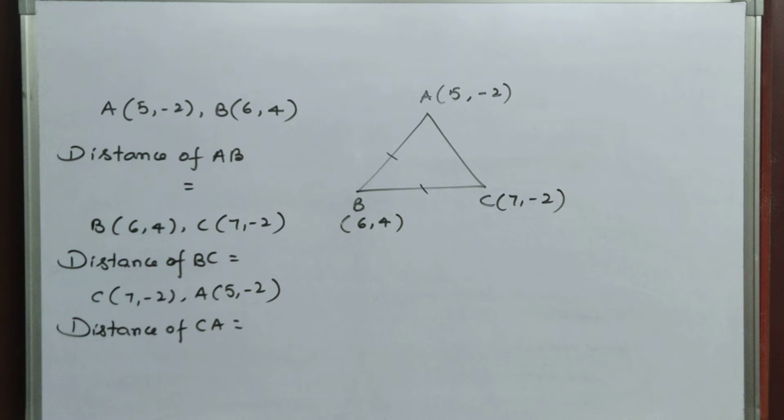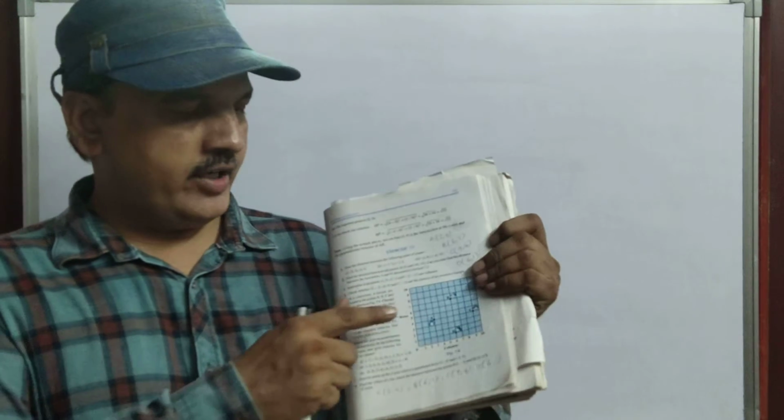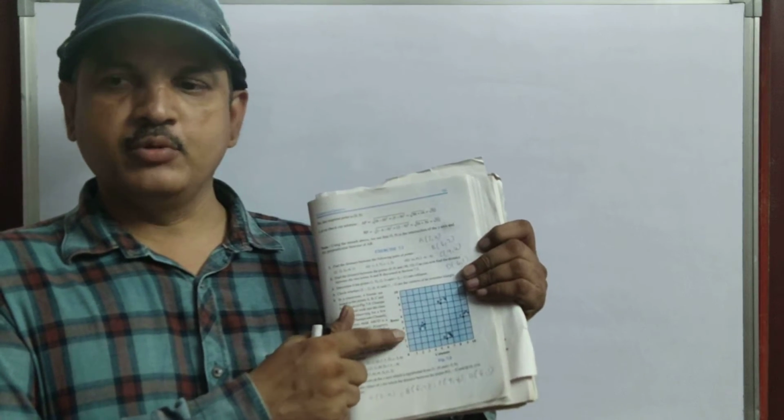Okay, next question. Children, see the fifth question there. In a classroom, 4 friends are seated at the points A, B, C and D as shown in the figure.